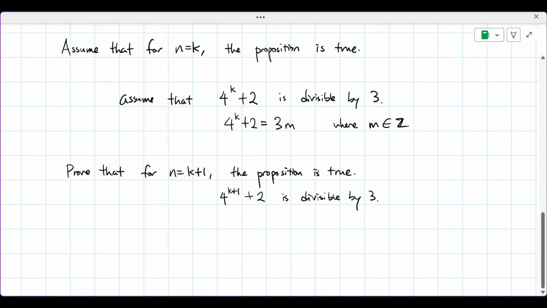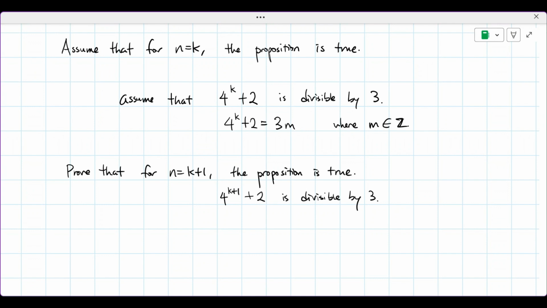Once again, I think we can represent this as a mathematical statement. Our goal will be to find the integer value such that 4 to the power of k plus 1 plus 2 is equal to 3n, for example.